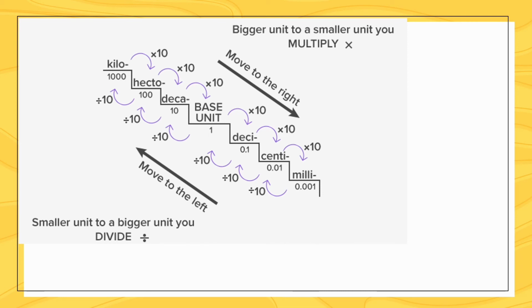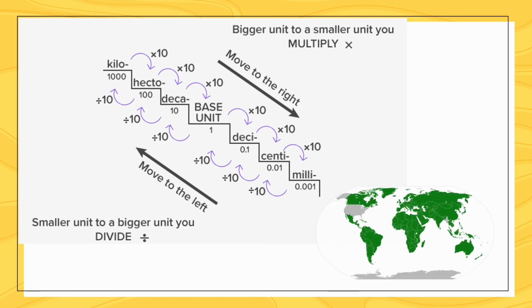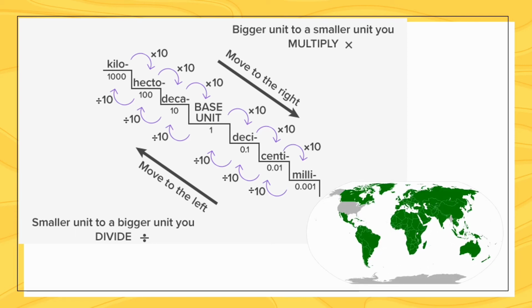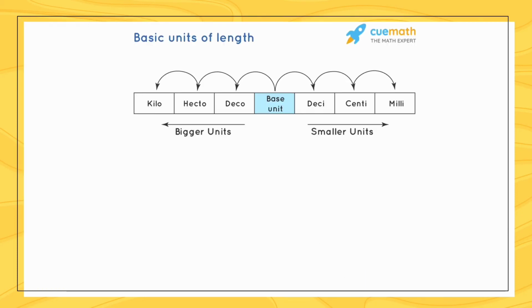It is no surprise then that the metric system is used in most countries all over the world, including the Philippines. The metric system uses Greek and Latin prefixes to make conversion from one unit to another easier.